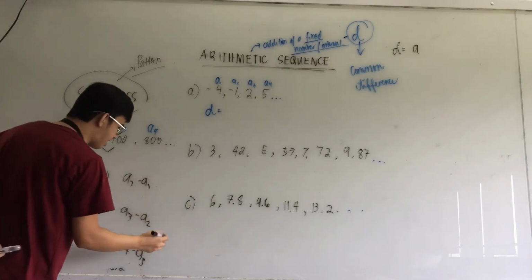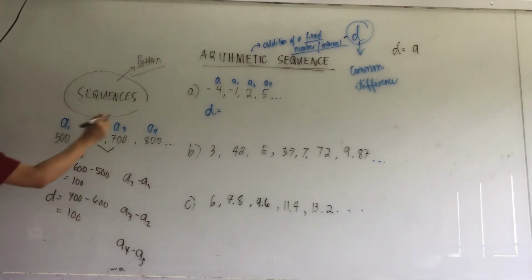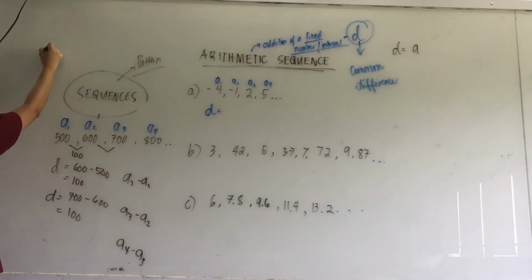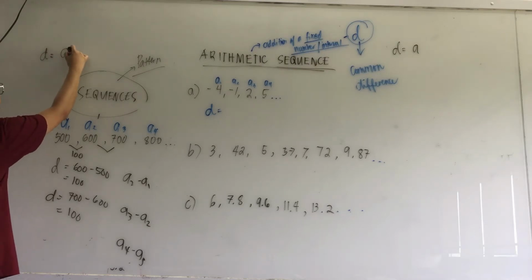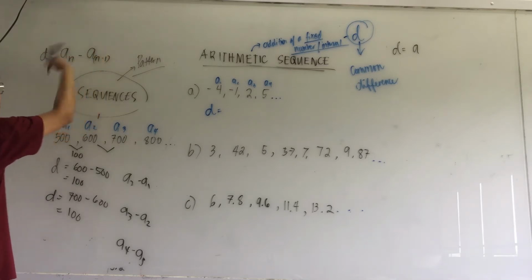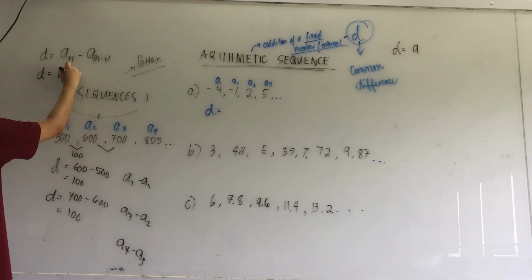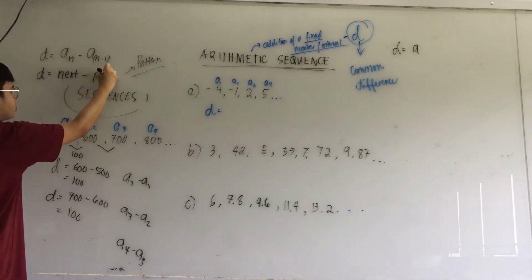In general, the common difference is just a sub n minus a sub n minus 1. Sir, is this the first formula we need to remember? Yes, this is the first formula. The difference equals a sub n minus a sub n minus 1. Or, if this confuses you, we could just say the difference is just next minus previous.